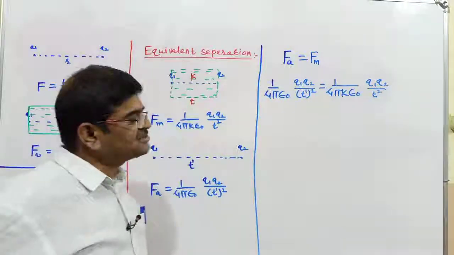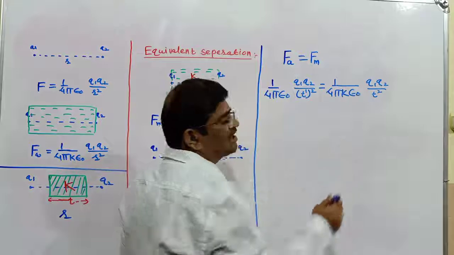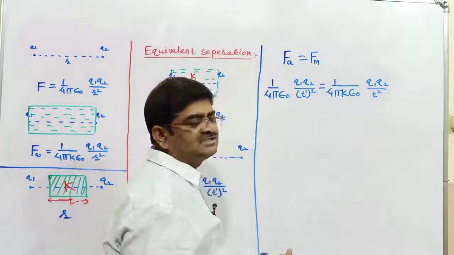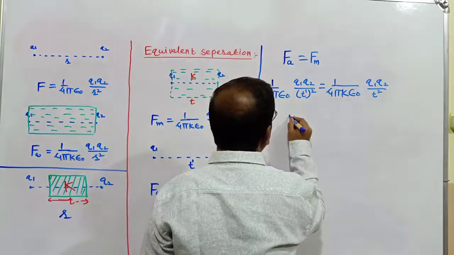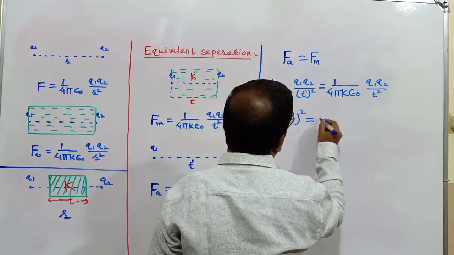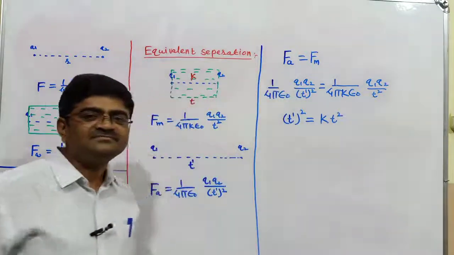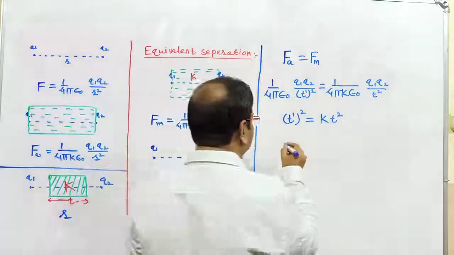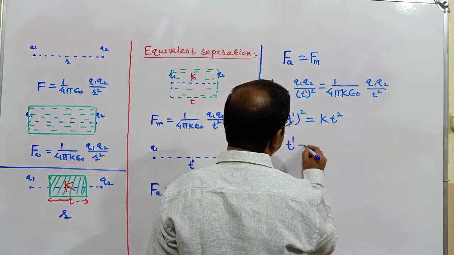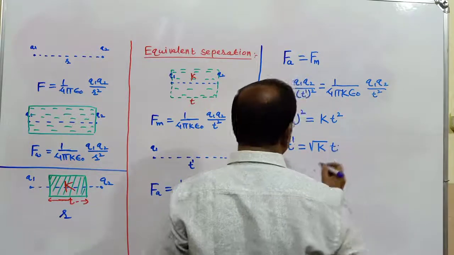Whatever things are possible to cancel, you cancel. Like 1 upon 4 pi epsilon 0 is common, Q1 Q2 will get cancelled. And what you are left with is T dash square equal to K into T square. And this gives me T dash equal to root of K into T.